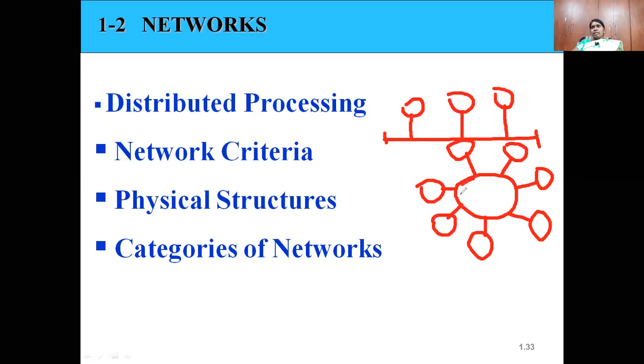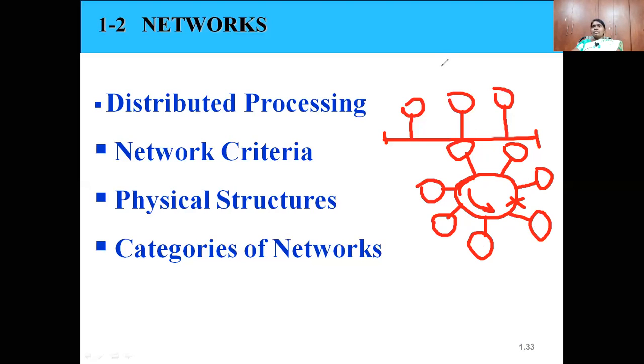The data transfer will be in one direction only. This is our ring topology. This is how the devices are connected in a ring fashion. If any problem occurs in this wire, between these two systems, the entire system will have a problem and the functionality will be stopped. Yes or no?